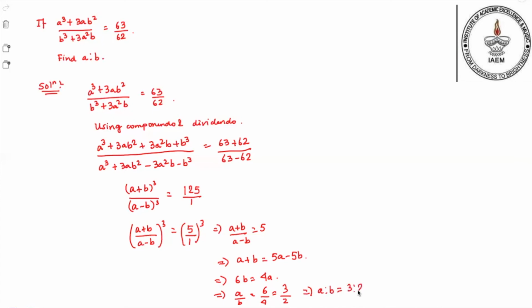It is given x equals (root over a square plus b square plus root over a square minus b square) divided by (root over a square plus b square minus root over a square minus b square).